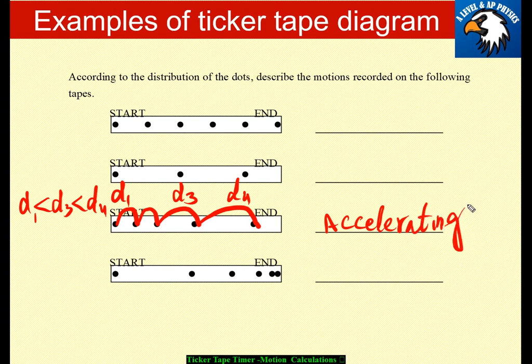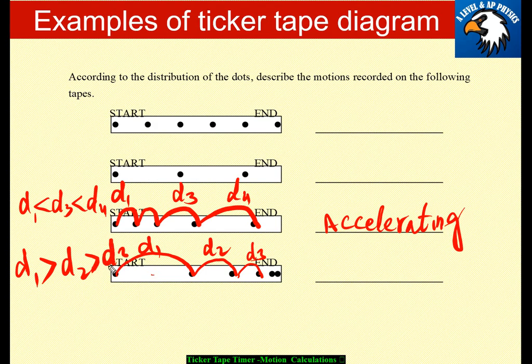Now the next one. At the start, you see the distance is greater, then this is d2 and then this is d3. Let's say this one is d1 and this is d2 and here is d3. So we can simply see that d1 is greater than d2 and this is greater than d3.